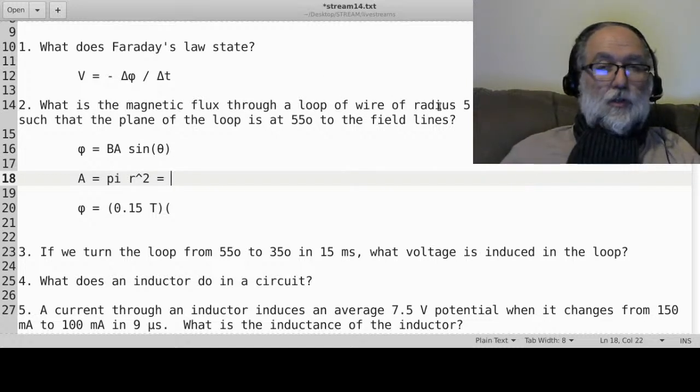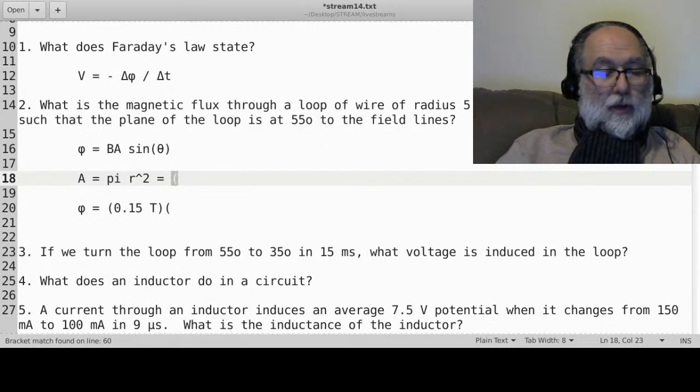When you say radius, it's understood you mean a circular loop. So it's 3.14 for pi and 5 centimeters, but in MKS 0.05, squared. Let me see what that area turns out to be.